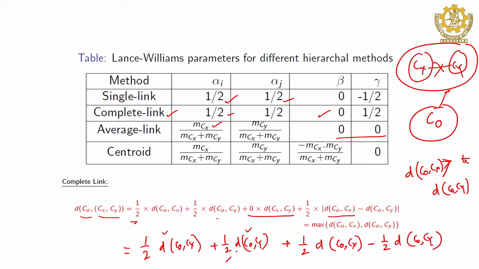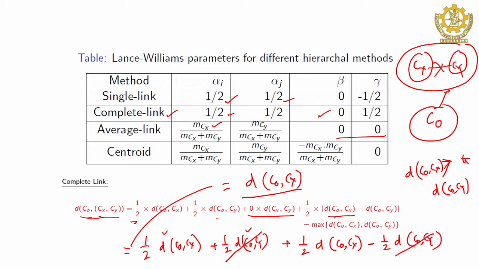So, this is distance C0 Cy, this is distance C0 Cy. Now half of the distance of C0 Cx and half of the distance of C0 Cx. So, then from here we can write it is the distance from C0 Cx. So, the distance from C0 Cx will be the distance from the merged clusters, and the condition is that this is greater than the other distance.